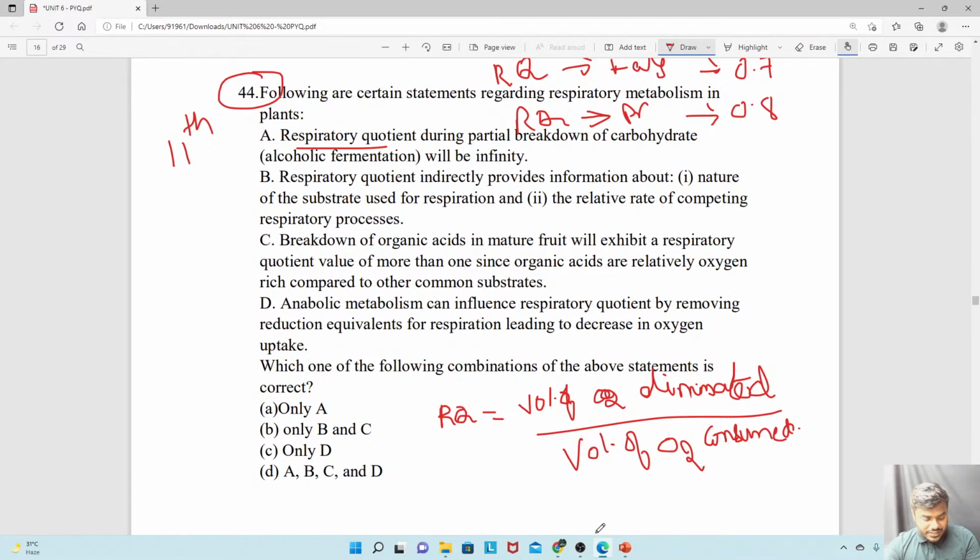It's a logical statement, friends. You need a better understanding of this question, but try it. Try it, it's okay.